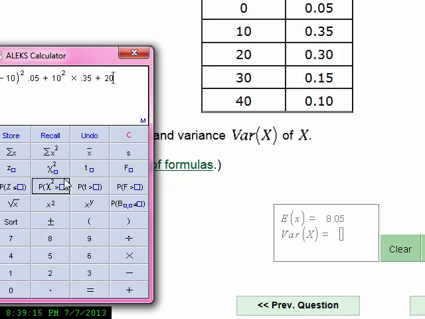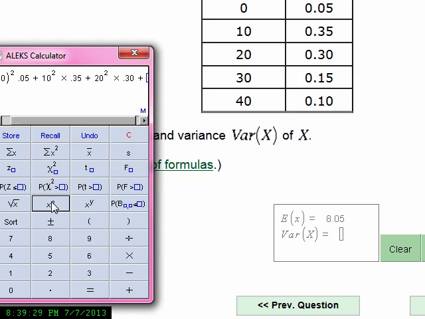Had I not hit the store, I could have just put x squared in front of all these and not have to retype in all this stuff. 0.30. Put a point there, don't want to miss it. All right. Plus, I'm trying to rush because I'm trying to finish and I'm just so frustrated. This is all good. 30 squared times something.